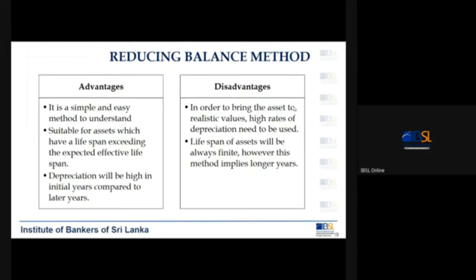Then again, the disadvantage would be, in order to bring the asset to realistic values, high rates of depreciation need to be used. If you want to reflect the correct value of the asset, then you might have to use artificial rates so that the depreciation calculated is in line with the value of the asset.